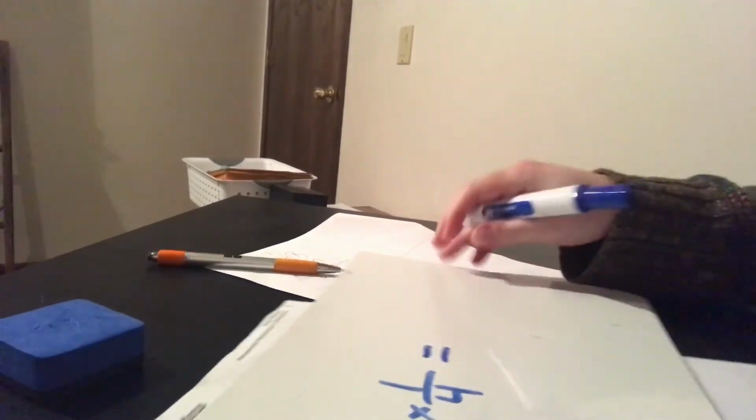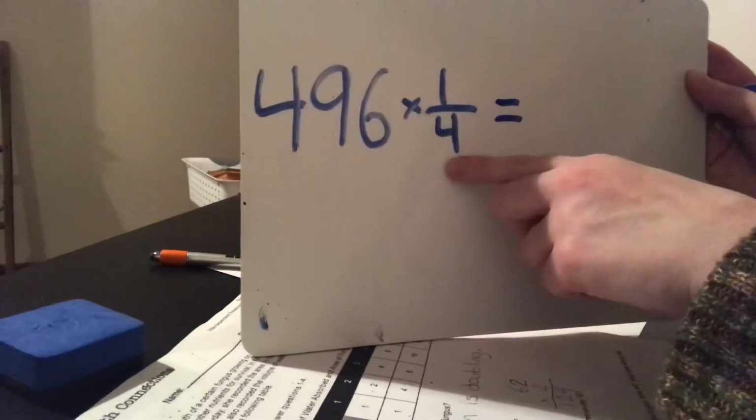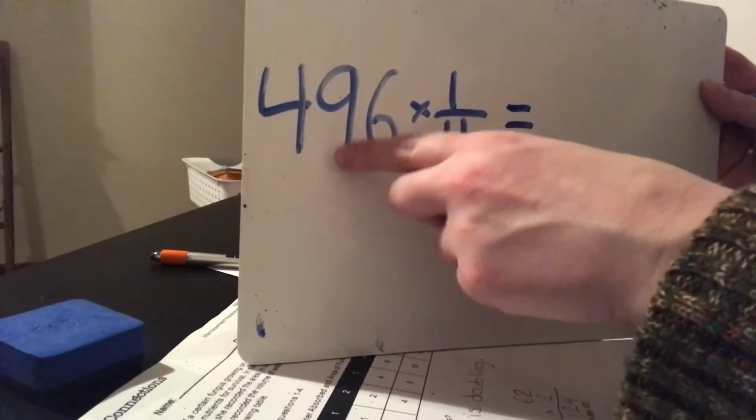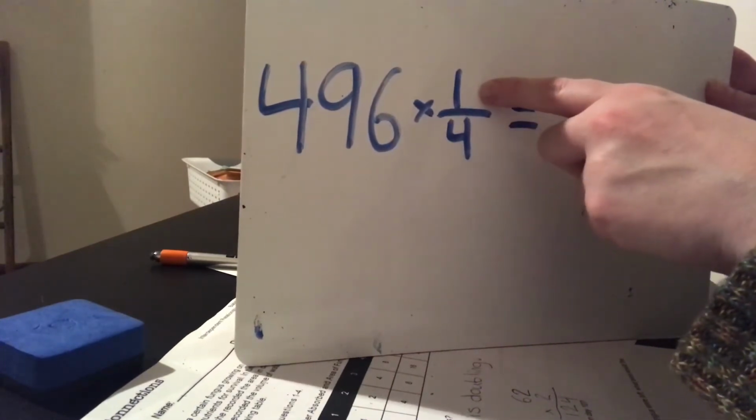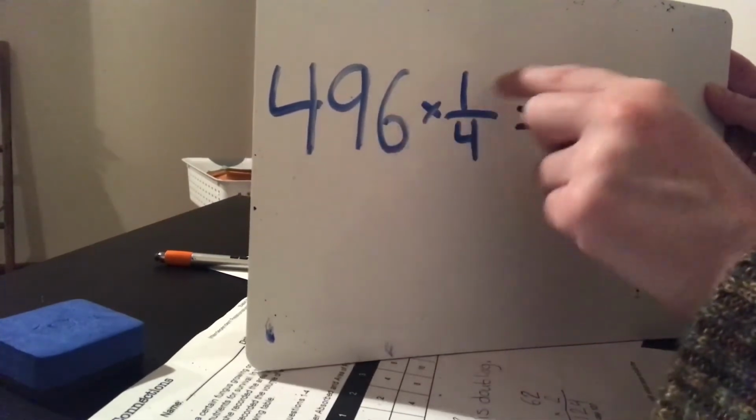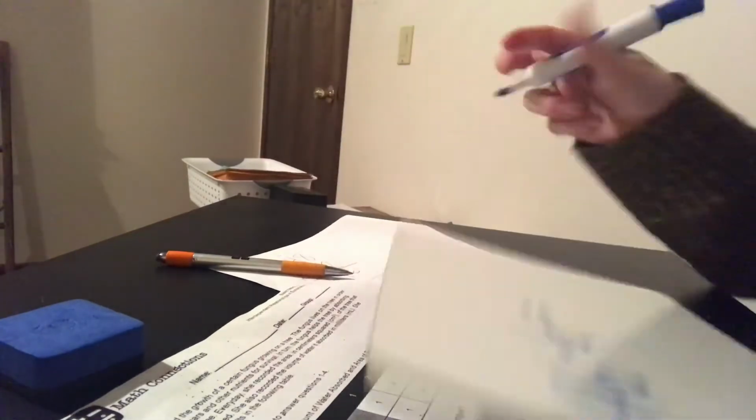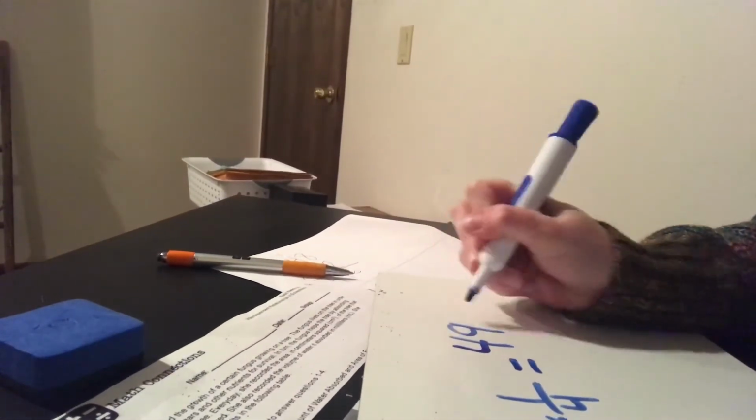So I know that when we're multiplying whole numbers by fractions, I need to take the whole number multiplied by the top of the fraction. So 496 times 1 is 496. And my denominator comes right over.